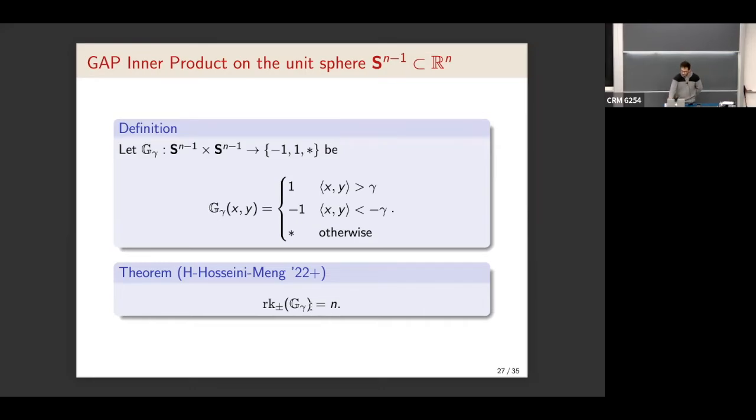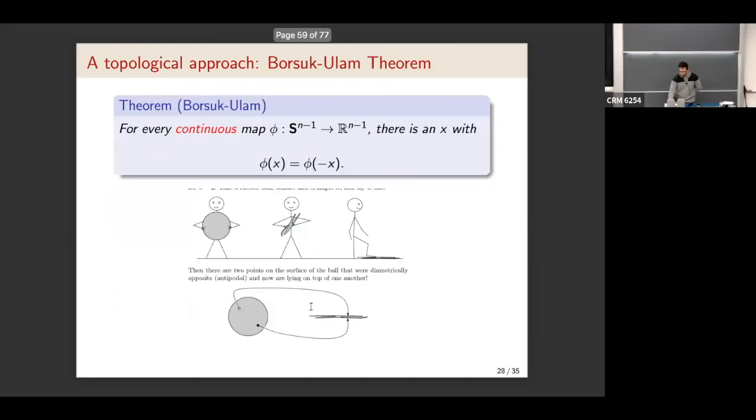Okay, so how do we prove this? The key is the Borsuk-Ulam theorem, which is quite an amazing theorem. It has many unexpected applications, all over the place, like weird applications to graph colorings and so on. Here is what this theorem says.